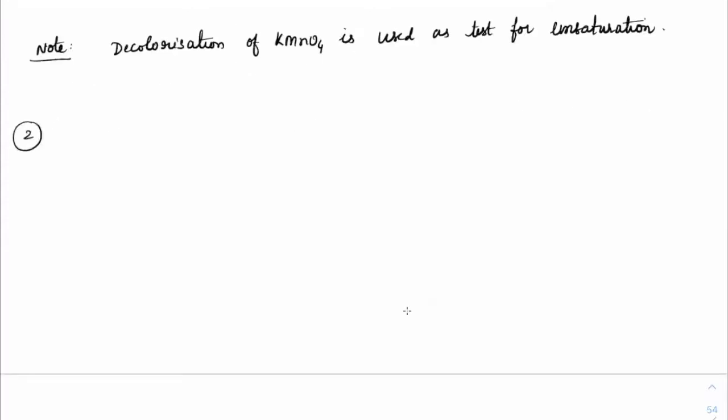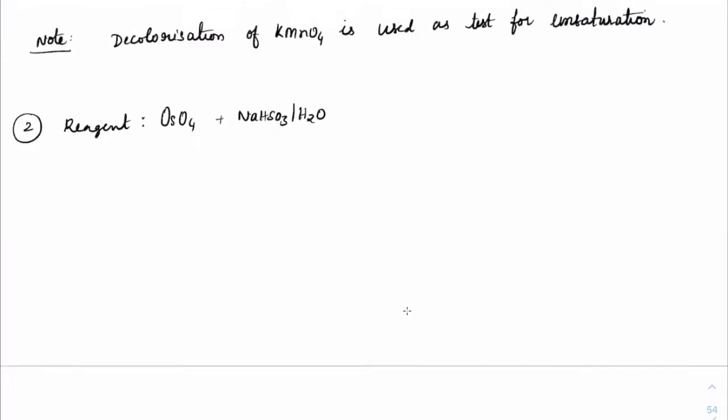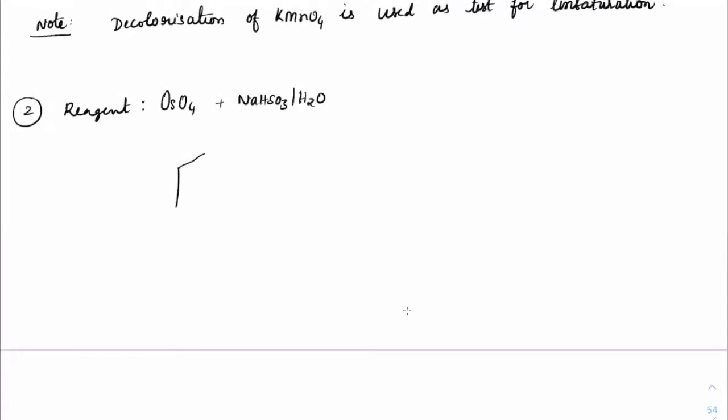Same syn hydroxylation, but this time with the reagent OsO4 plus NaHSO3, in acidic, with water. So this will give a slightly acidic nature. Suppose if at all we take, let's say this time I'm taking a phenyl and methyl, just to keep it slightly different from what we have. So in case I react with OsO4, second I treat that with H2O in the presence of NaHSO3, sodium bisulfite.